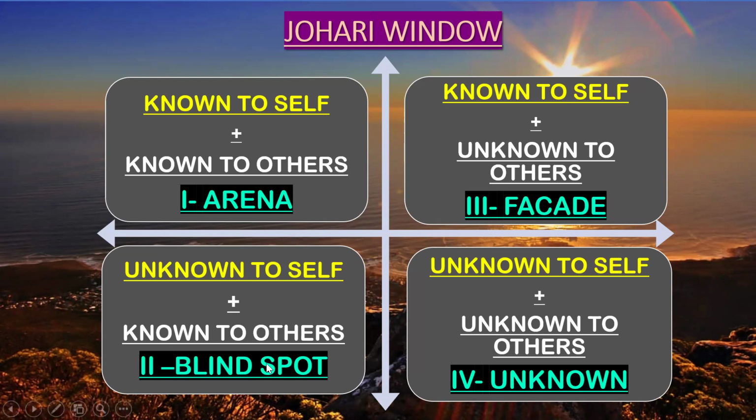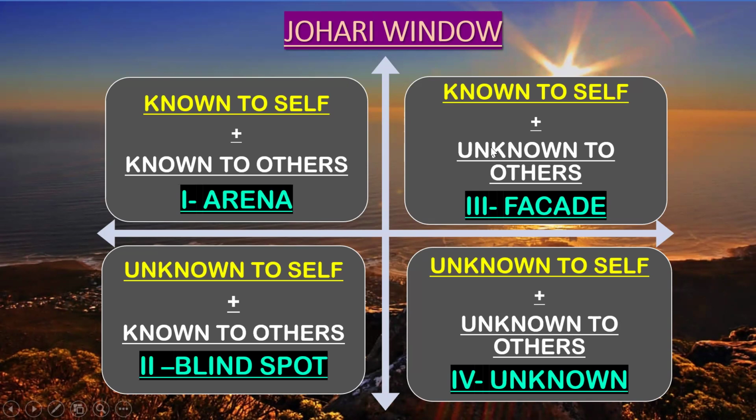The second situation is technically called the blind spot, unknown to self and known to others. Now let's first come to the fourth situation, unknown, where both the parties do not have knowledge about A. That A, the trainee, let us say, or the self doesn't know about himself, and so is the case with others.